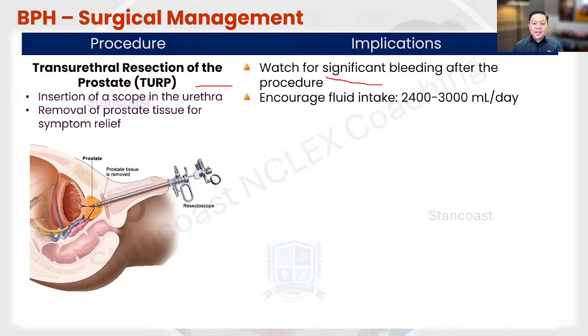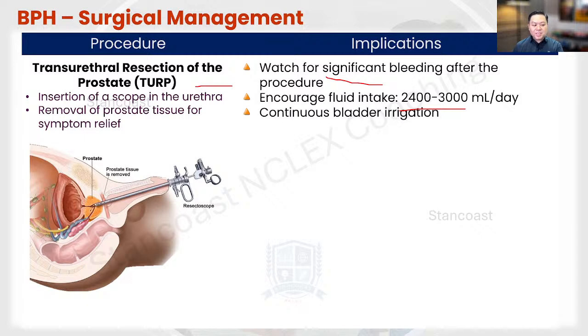We are going to encourage the patient to take in at least 2,400 mLs to 3,000 mLs of water every day, if not contraindicated. The reason for increasing the fluid intake is to flush the urinary system, to make sure that we are getting rid of those bleeders, and to prevent clots from forming.